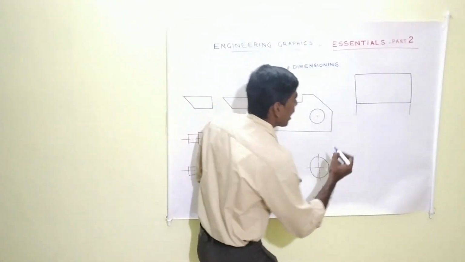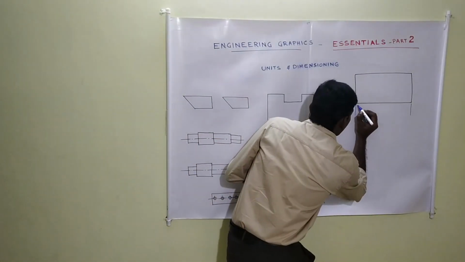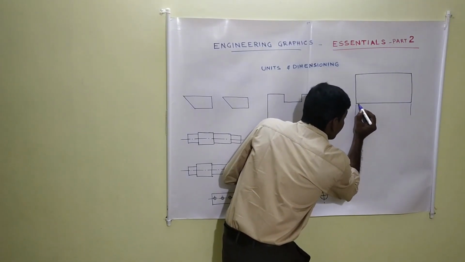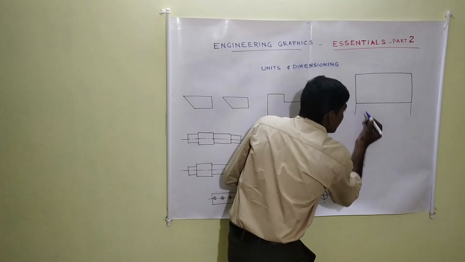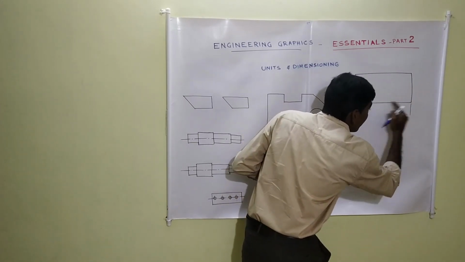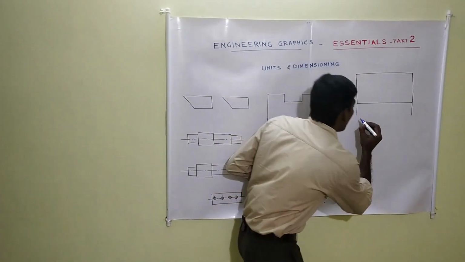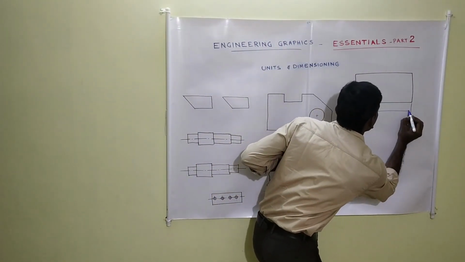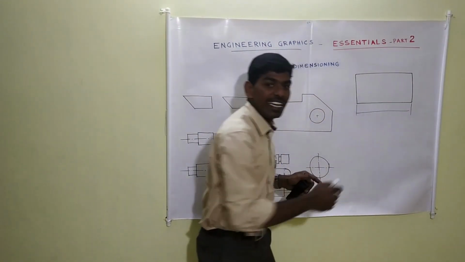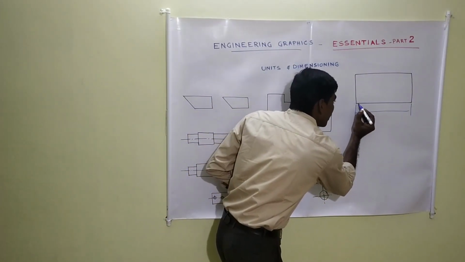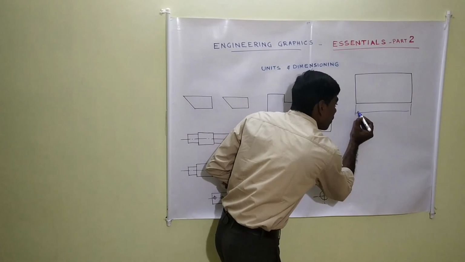Now again, I make another thing. Note this one as well. While I make this projection line, it is made perpendicular to this one. Both are made perpendicular to the object line. Now again, I make another thing called the dimension line. This dimension line is made perpendicular to this one, and this is made perpendicular to this one.